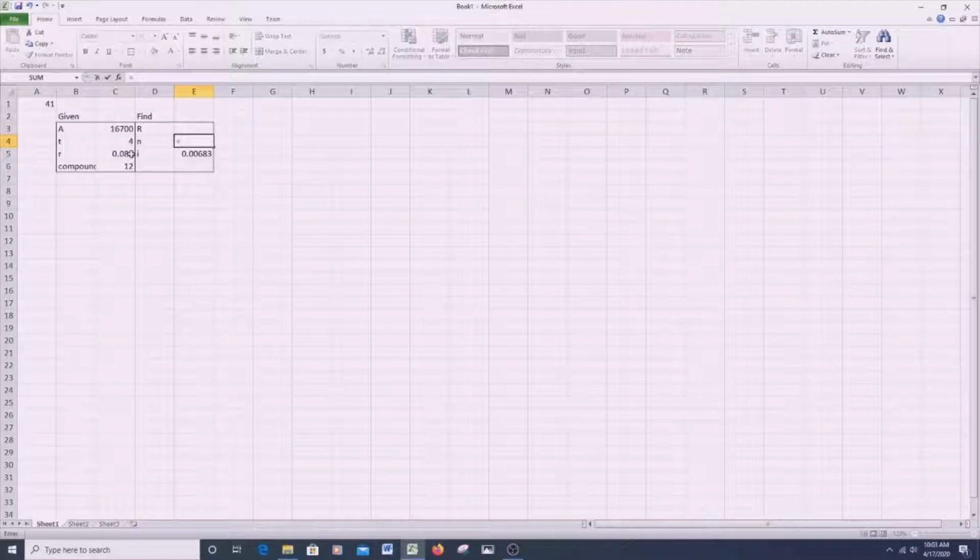The number of payments is the length of the loan in years times the compounding. And the payment can be gotten in a couple of ways. I am going to use the present value formula for an ordinary annuity right now.